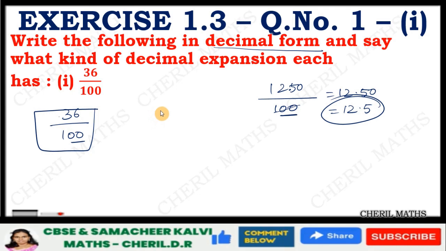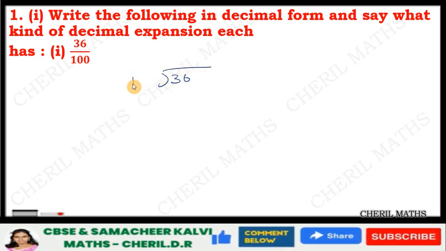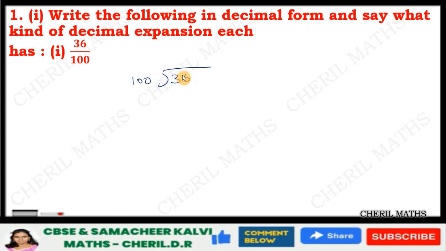The other way you can do it is by dividing. You can also divide these two numbers, so let's do that method also. You have 36 and then 100. 100 will not go, so you put a 0 and then a decimal point.